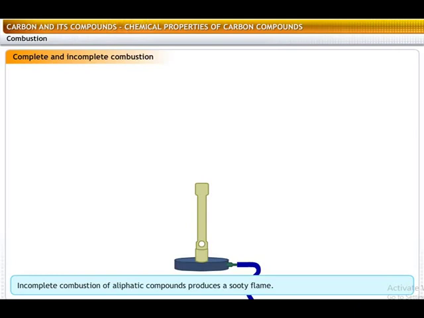Take a Bunsen burner and light it, keeping the air hole completely open. You will see that the gas in the burner burns with a blue or non-sooty flame. Now, gradually start reducing the size of the air hole. As a result, the amount of air going into the burner will keep decreasing. As the amount of air decreases, the gas in the burner burns with a sooty flame and produces black smoke.